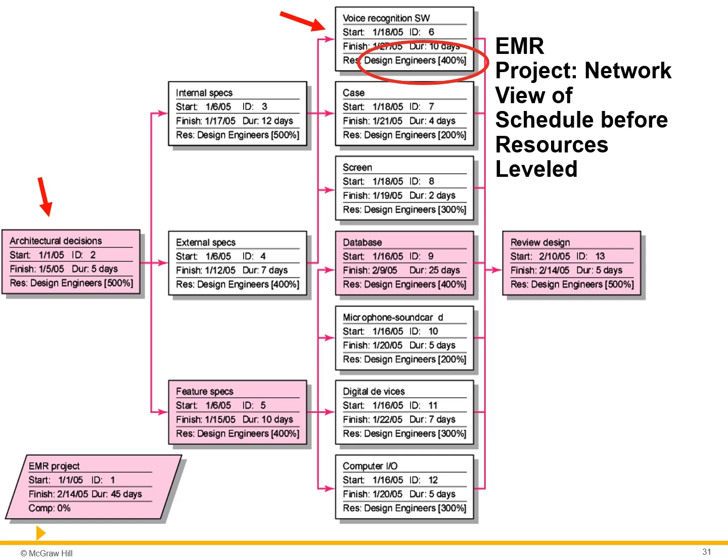Unleveled schedule: since the resources are not leveled, some tasks may have overlapping timeframes and require more resources than available. This is usually addressed in the resource leveling process, which adjusts start and finish dates to ensure resource availability is balanced across tasks. The chart is designed to illustrate how the project schedule looks before resource leveling is applied, and it visually demonstrates the sequence of tasks and their resource demands.